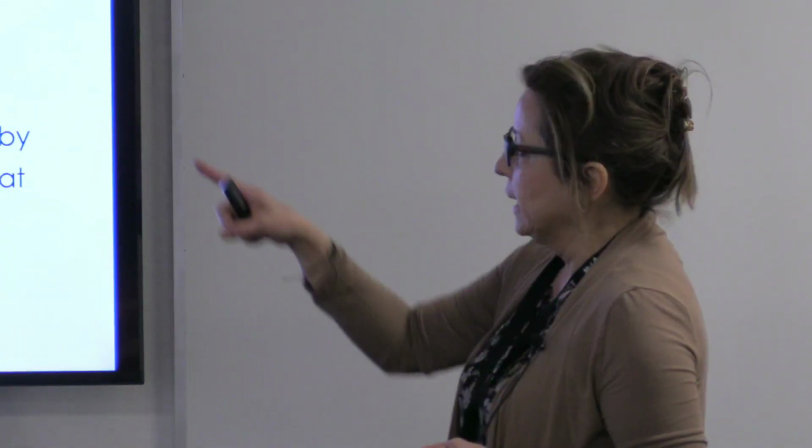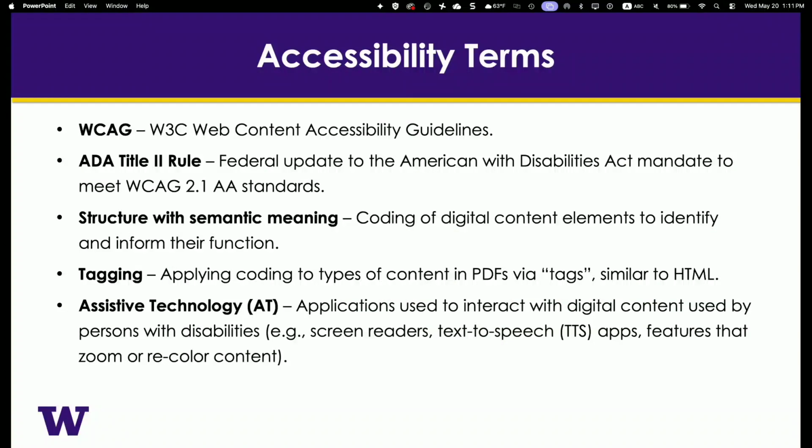Structure with semantic meaning. What does that mean? It's basically applying code to identify the pieces or parts of content, whether it's a web page or a document, it's a PDF, so it can be identified as such. Tagging is basically that coding, but specifically applied to PDFs. The tags are little bits of code that identify headings or a table or paragraph text, etc., and it's similar to HTML.